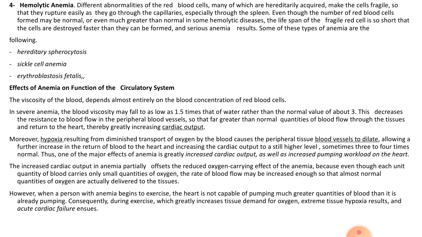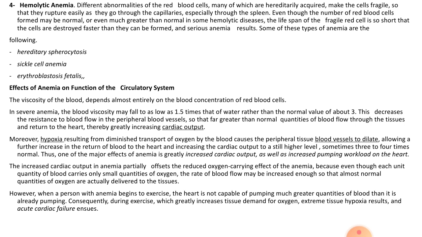Because in anemia there is a decrease in the oxygen transported by the cells to the tissue, there is a vasodilatation to increase the amount of oxygen to the tissues, and this will also cause an increase in the venous return and then an increase in the cardiac output to compensate for the decrease in the amount of oxygen.